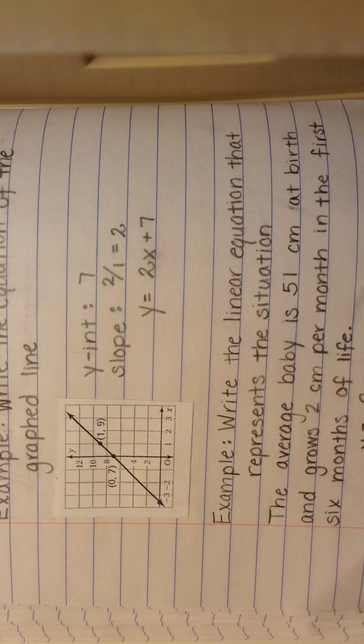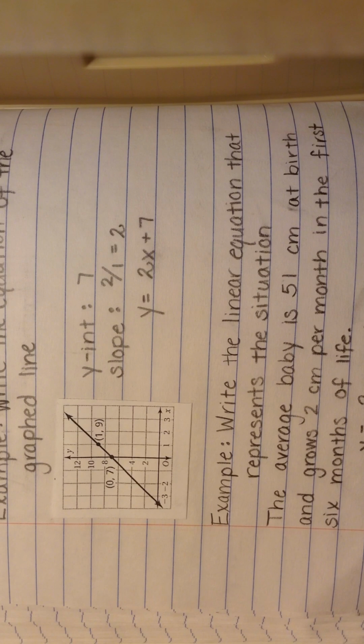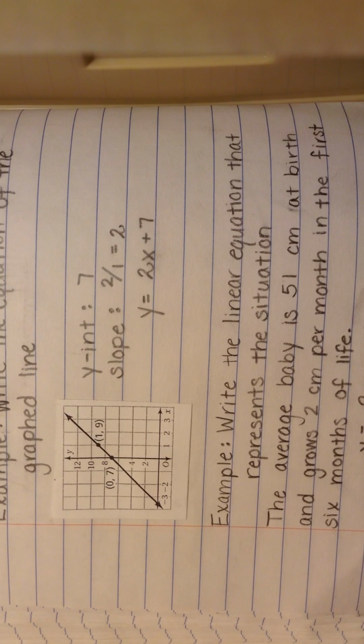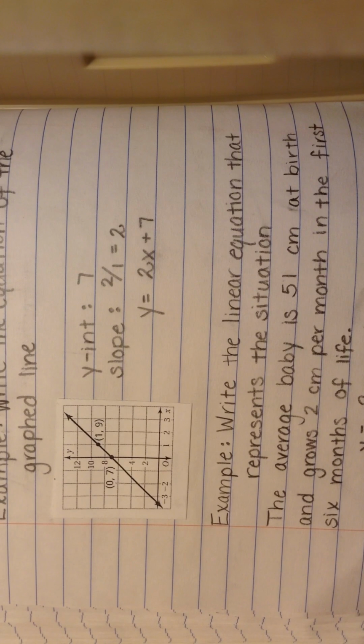Also, the average baby grows 2 centimeters, so just under an inch, per month for the first 6 months of their life. So once again, the average baby is 51 centimeters at birth and grows 2 centimeters per month in the first 6 months of life.